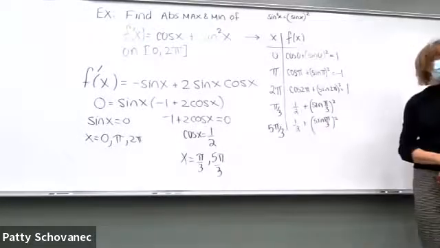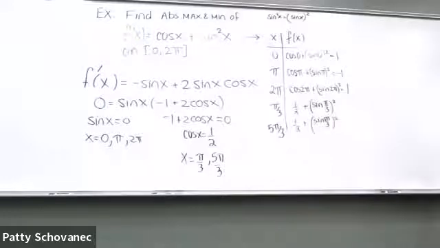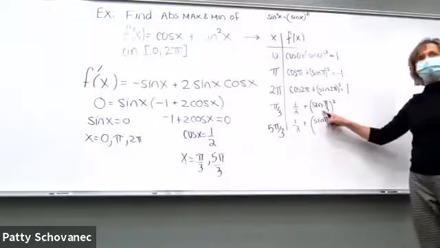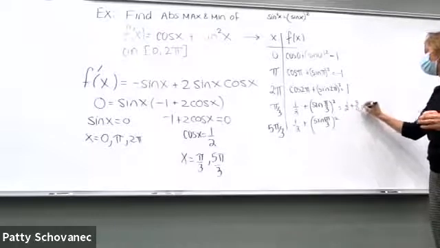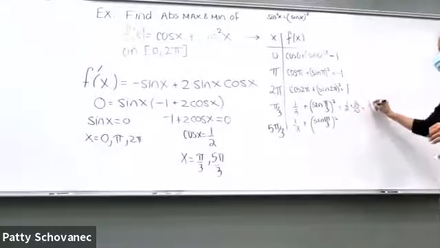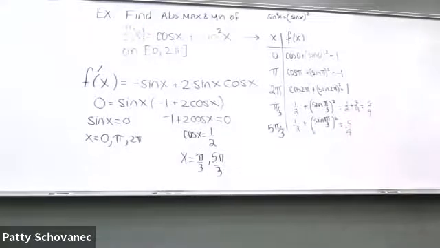What's the sine of pi thirds? The hint is there the cosine was a half. Square root of 3 over 2. So when I square that, I get 3/4. So I have a half plus 3/4. 2/4 plus 3/4 is 5/4 for both of these. 5/4 is bigger than 1. So that makes 5/4 the max and -1 the min.